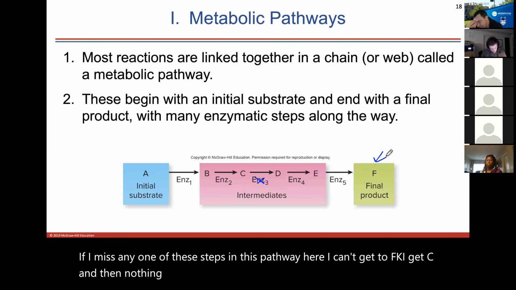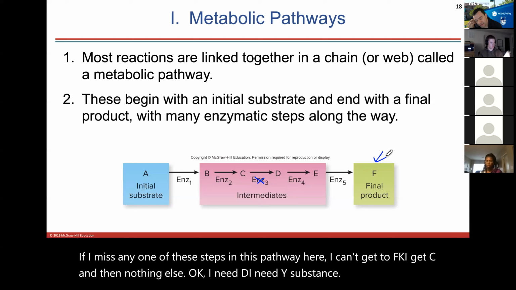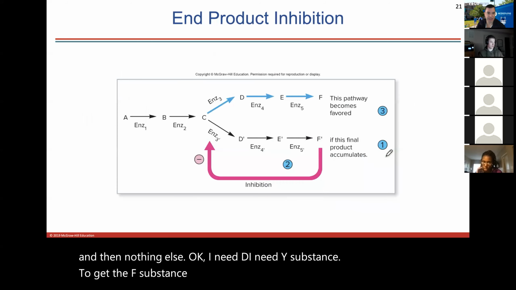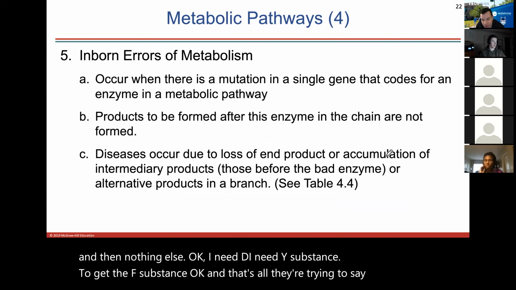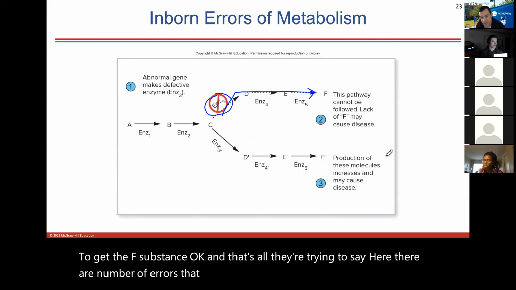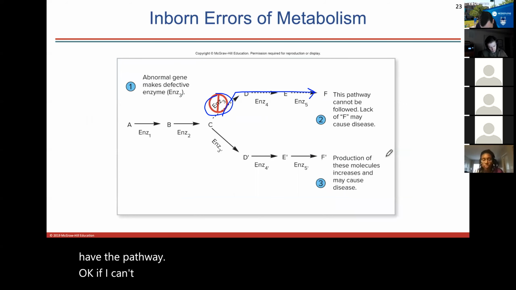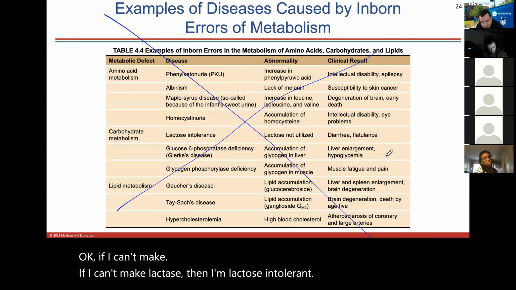I need D. I need E to get the F substance. And that's all they're trying to say here. There are a number of errors that can occur, and if there's an error, I don't have the pathway. If I can't make lactase, then I'm lactose intolerant.